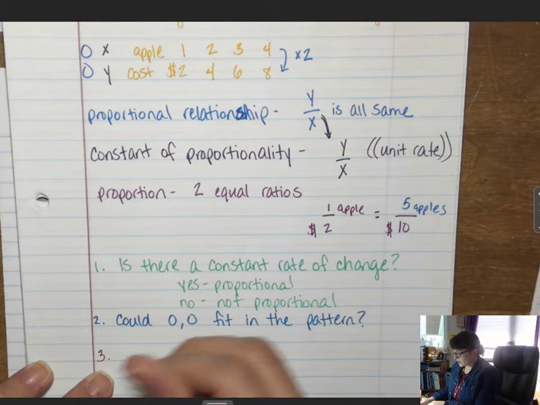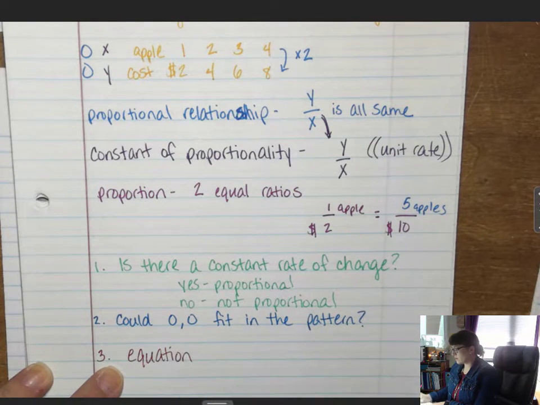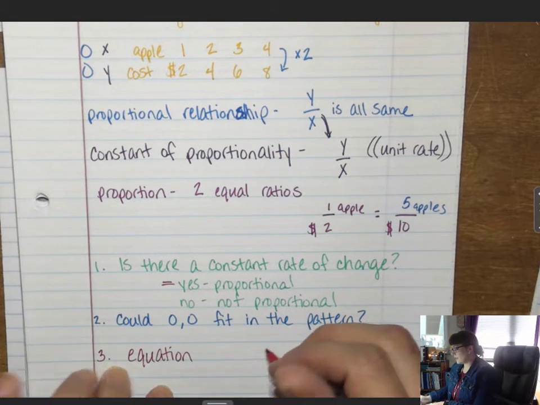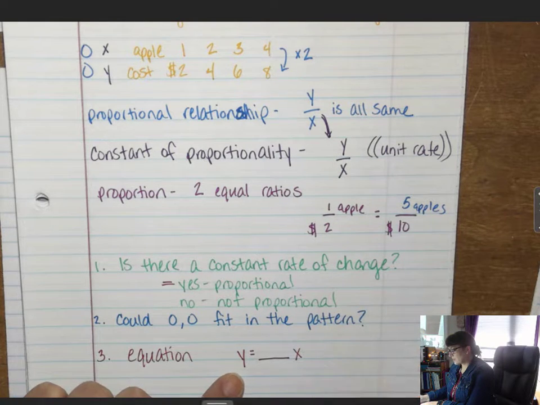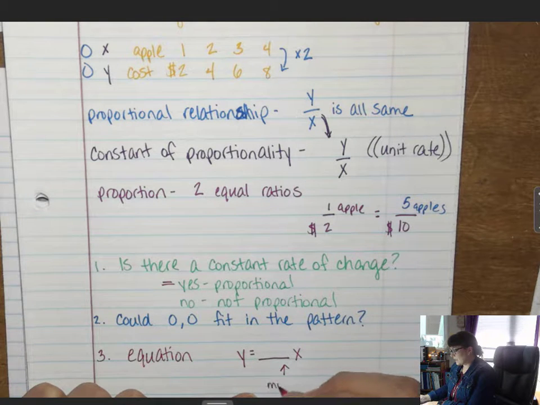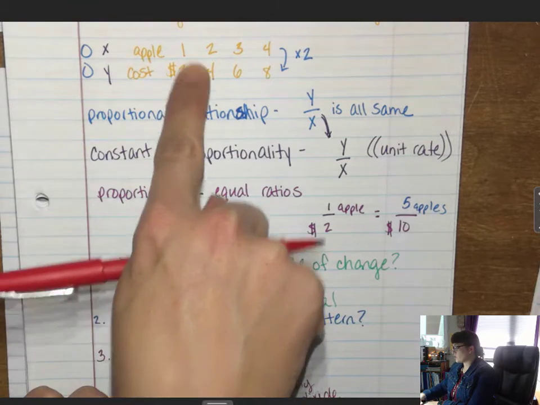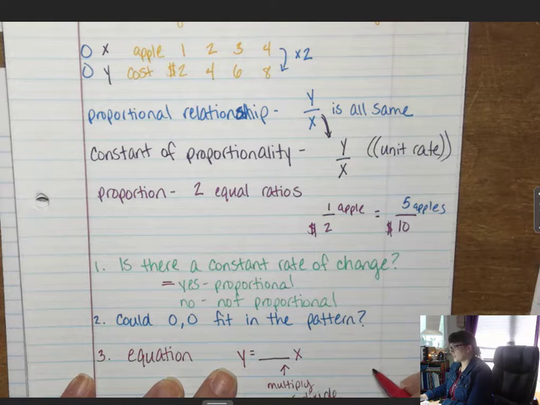And then step 3, you're going to have to write an equation. If it's proportional, then the equation should be y equals something times x. This needs to either be multiplied or divided if it's proportional. So like this one, for my apples, y is cost.